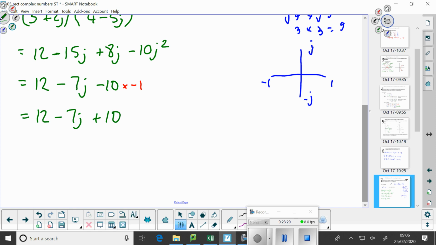The effect of that j squared on the end there is it changes the sign always. So if that sign is positive, j squared makes it negative. Negative makes it positive. But it makes that end term another constant that we can add to this 12. So it's 22 minus 7j is the answer.